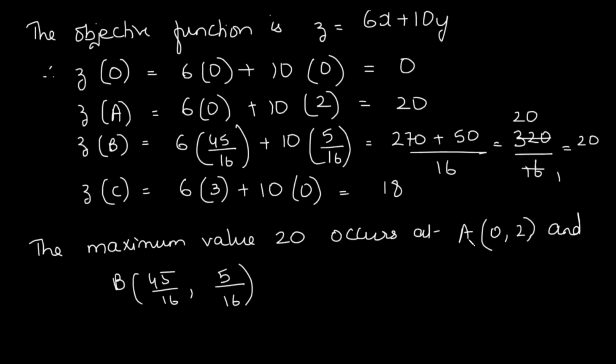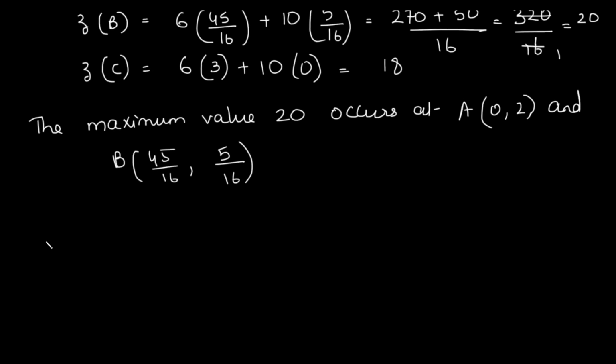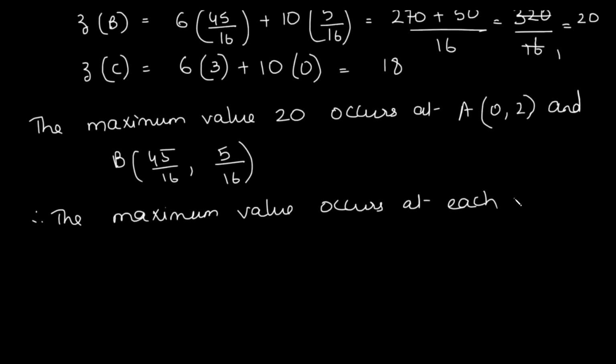So when we get this at A as well as B, we conclude that the maximum value occurs at each point of segment AB. Okay, I hope you understood this.